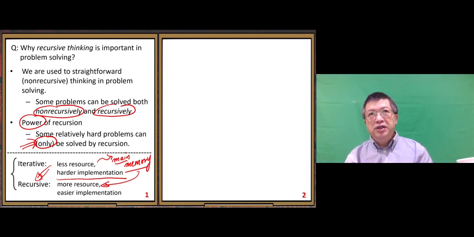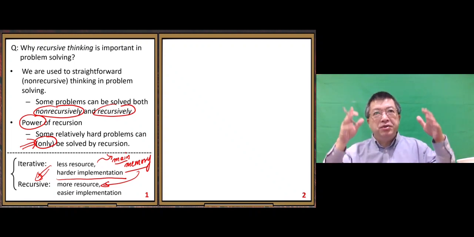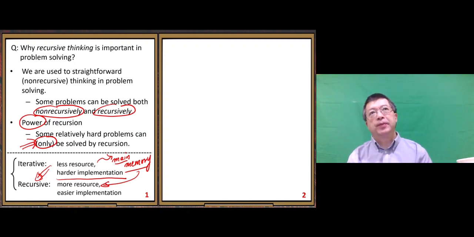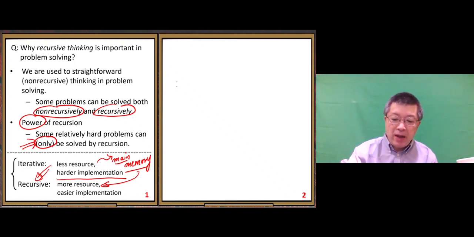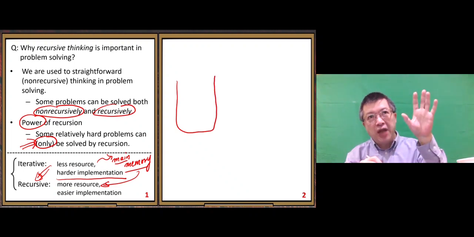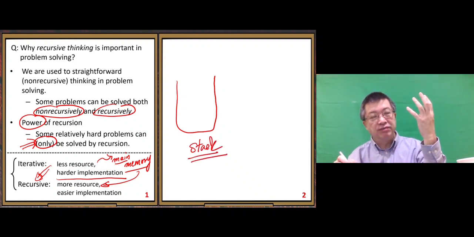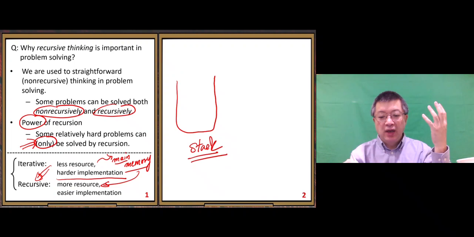But inside the main memory, how does the programming language implement that idea? Inside the main memory, the programming language uses a stack to arrange that recursion.